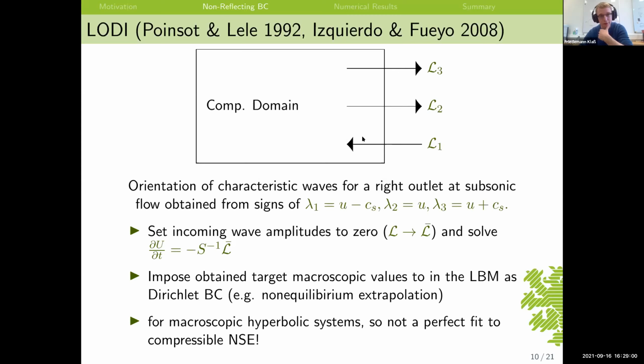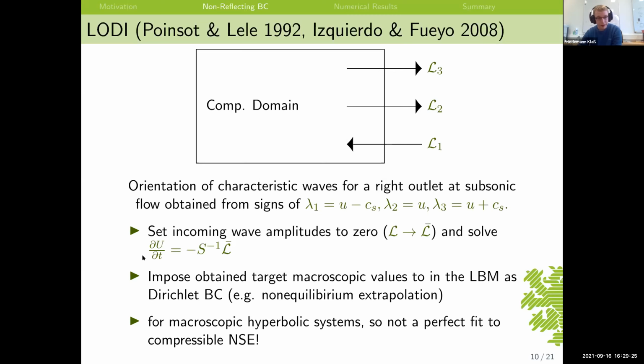And to achieve a distinctly non-reflecting feature, at least for the direction of the x-axis in this case, we can simply set the incoming wave amplitudes to 0, namely we replace this vector L with some adapted vector L bar, and then solve this macroscopic PDE I have shown you just one slide before.